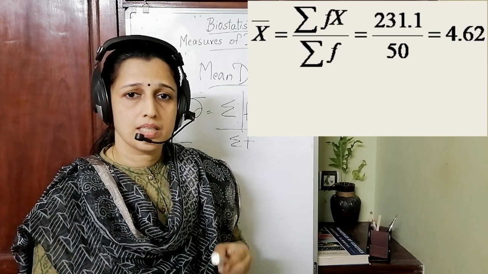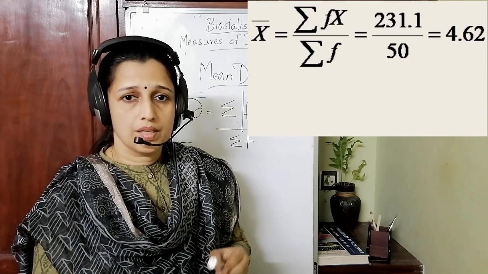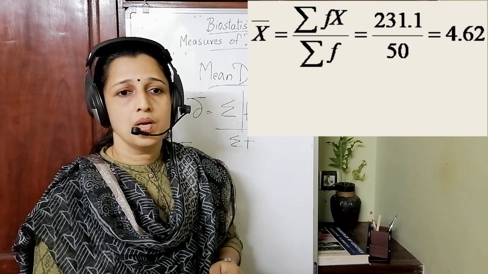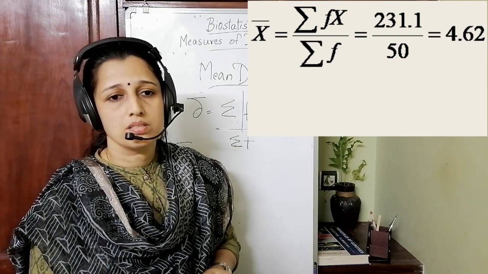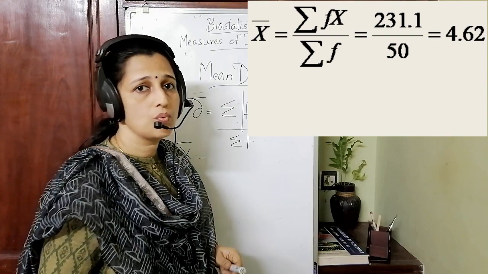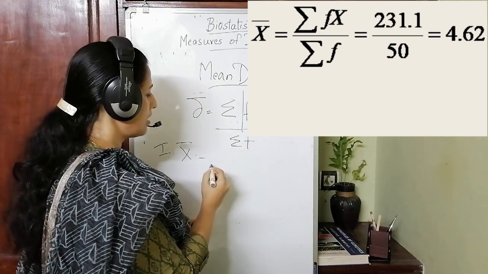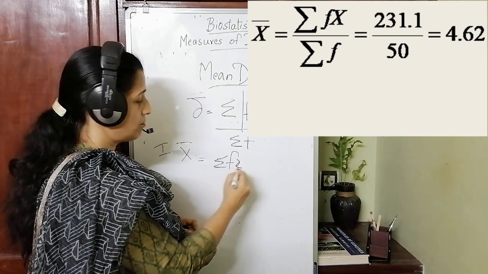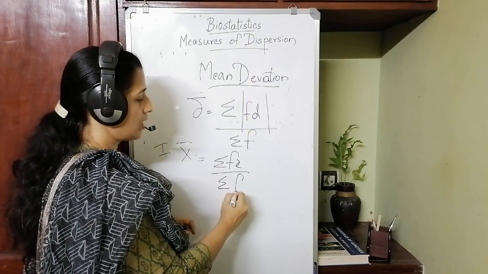After completing this table up to fx, you can calculate the mean using the equation x bar is equal to sigma fx by sigma f.